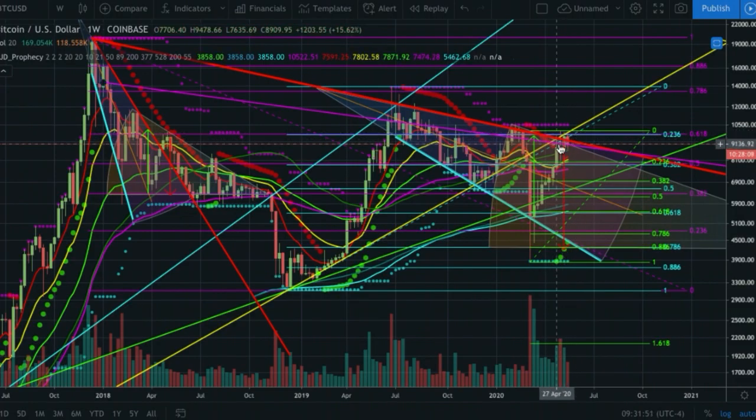But if we fail to do so, I think it's more than likely going to be us coming down here to the median line of the descending cone right here.